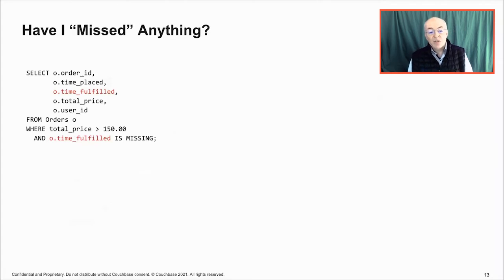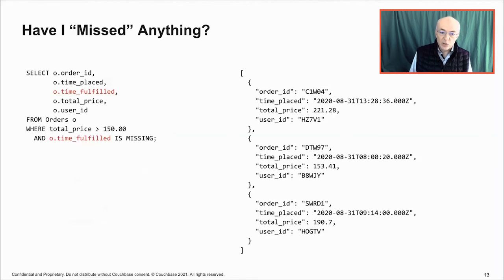And you only want to do that for orders where the time fulfilled is actually missing, which means that the order was actually not fulfilled so far. So what you see here is interesting. In the select clause, you will see 5 fields. However, if you actually evaluate the query, you will only see 4 fields for each of those records.